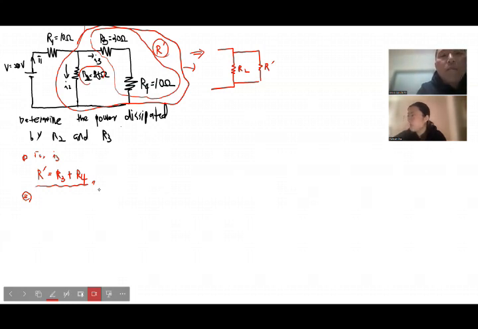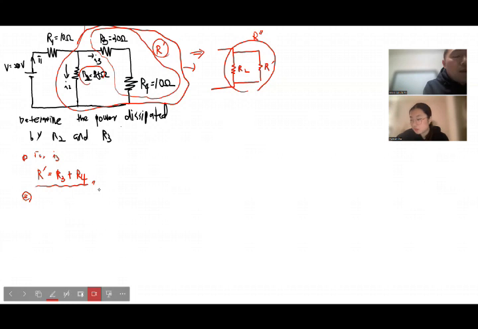R prime consists of R3 and R4. So now R2 and R prime are connected in parallel.